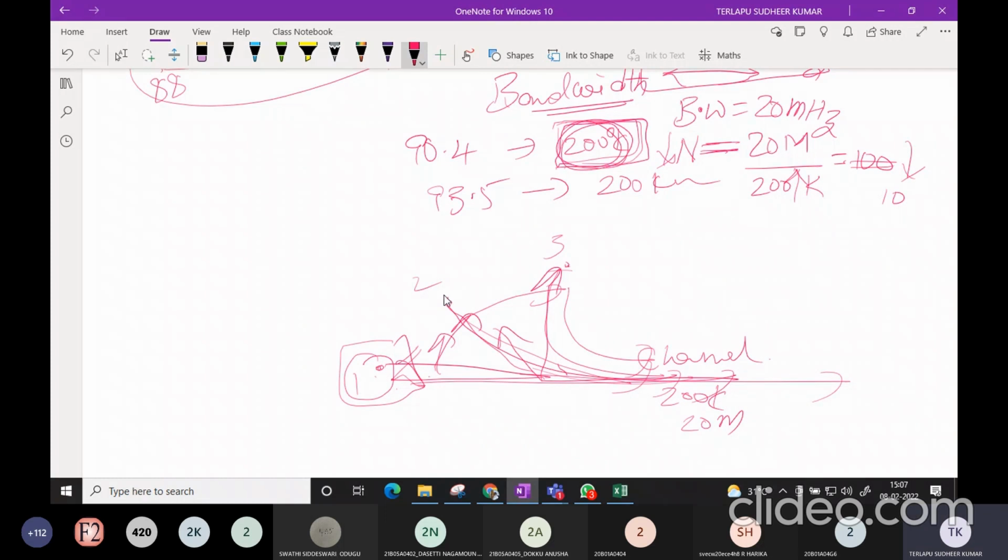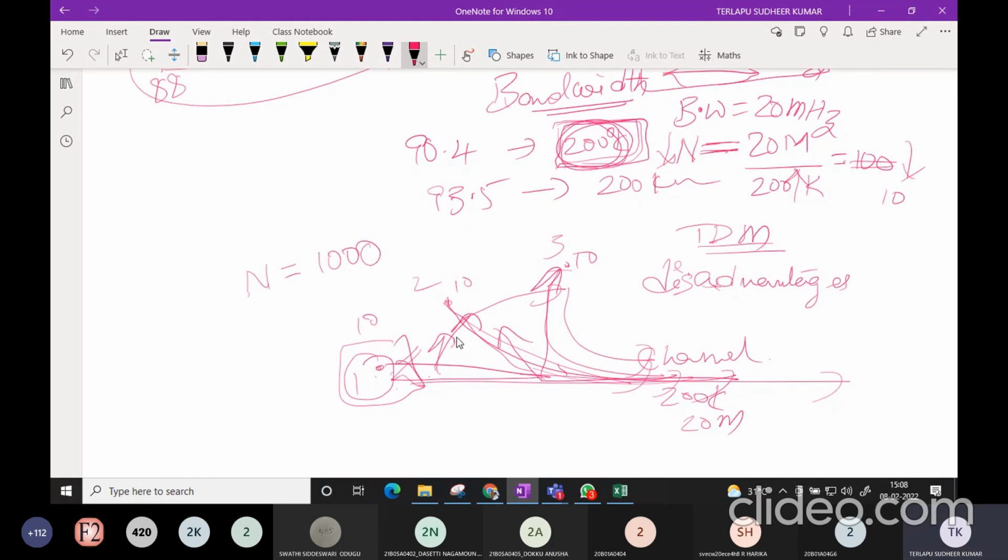10 seconds, 10 seconds, 10 seconds, I said. So time is divided across all the users. Again, it is rotated. What is the disadvantage of TDM? Assume my number of users instead of 3 if I have 1000. 1000 users are there.